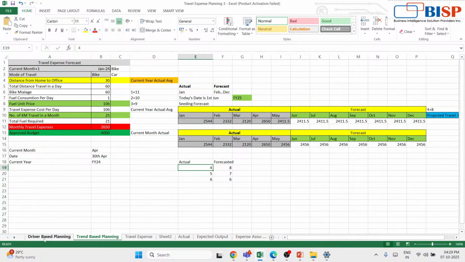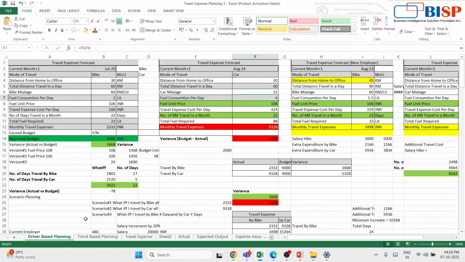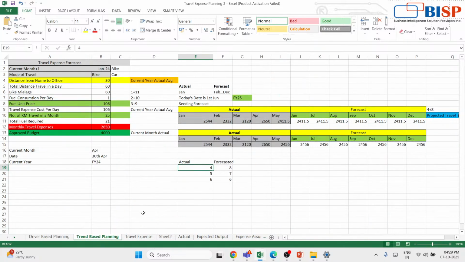So today, what we actually revised: driver based planning, which we did in the earlier class; trend based, the same way which we have done. The combination of the things which we discussed, like the actual and forecast.